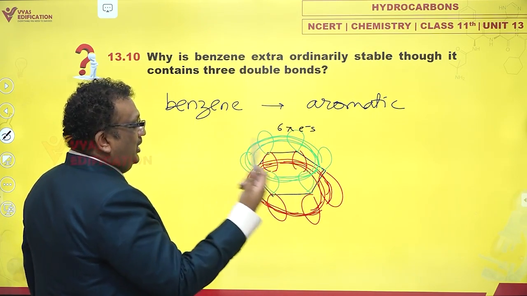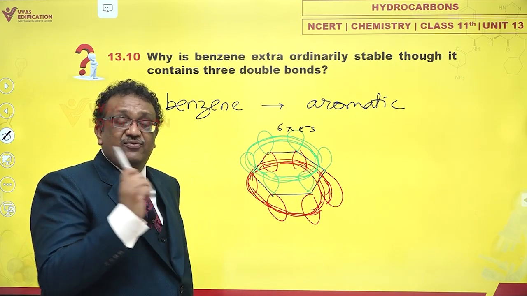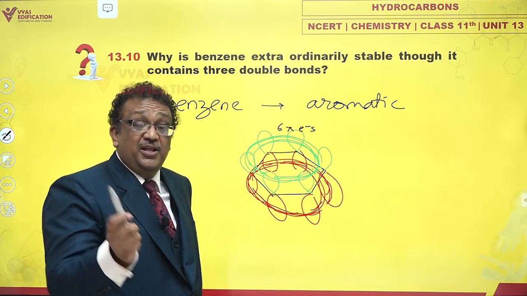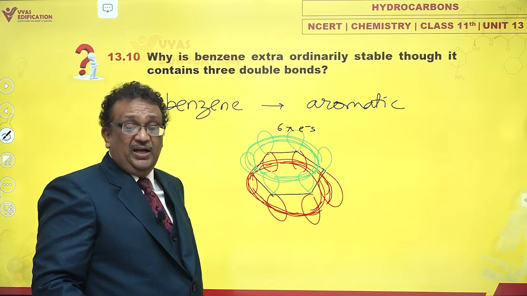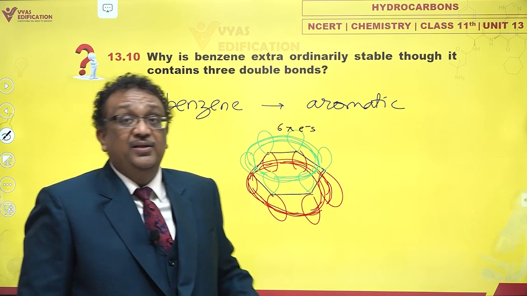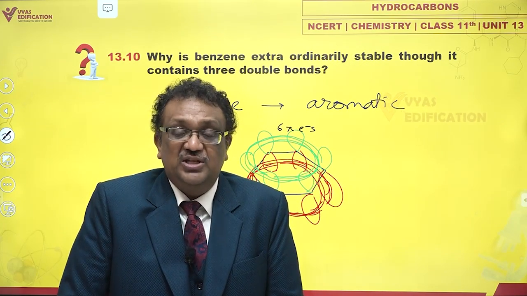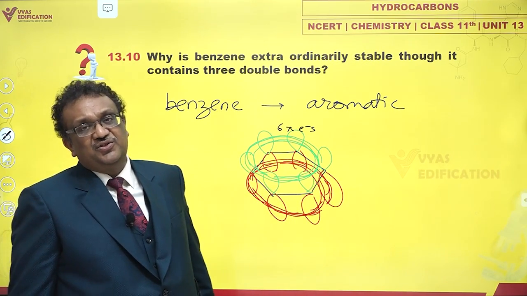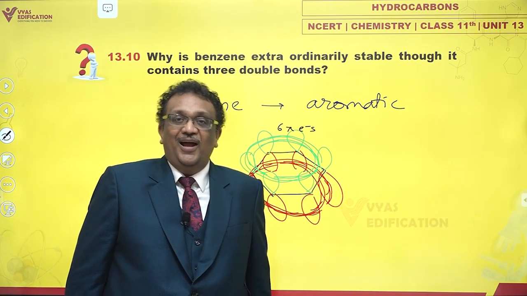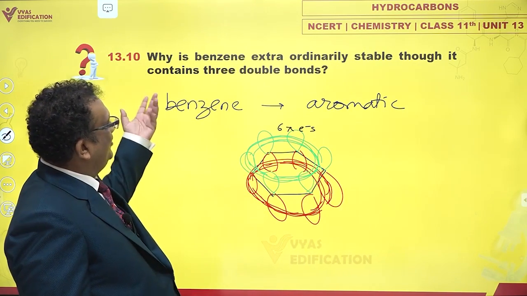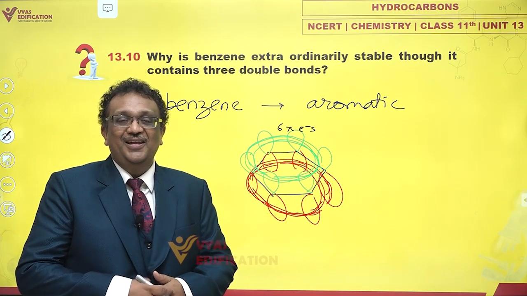Electrons can actually move in circles within the benzene ring. They are delocalized over all the 6 atoms. This delocalization improves the stability, and this is the beauty which makes benzene extraordinarily stable.